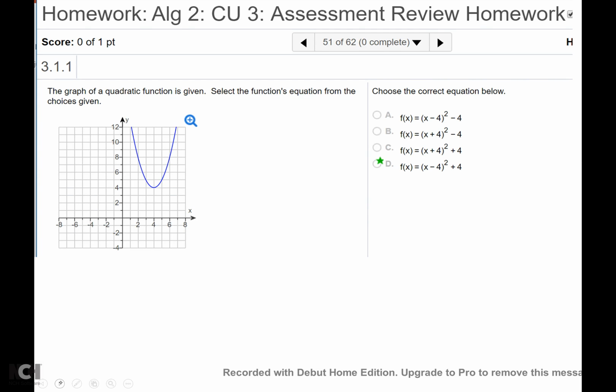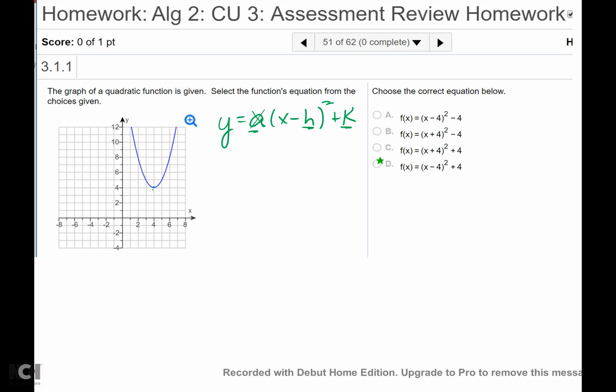Alright, the graph of the quadratic function is given. Select the function's equation from the choices given. Well, all I need to write an equation is a, h, and k. Unless they tell me that I have to find the leading coefficient, they're going to assume that it's 1. So if I can find h and k and plug it in, I got it.